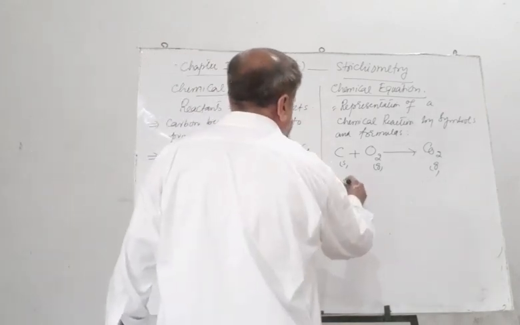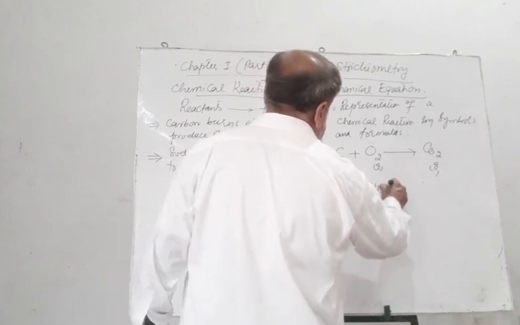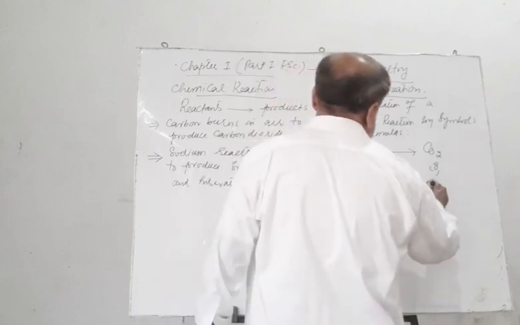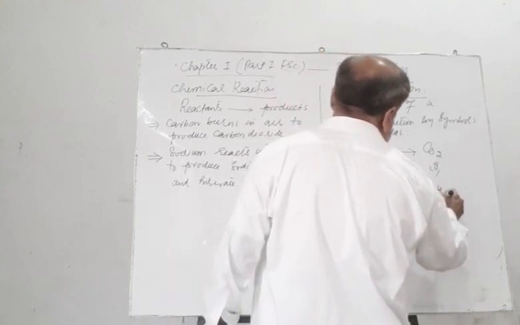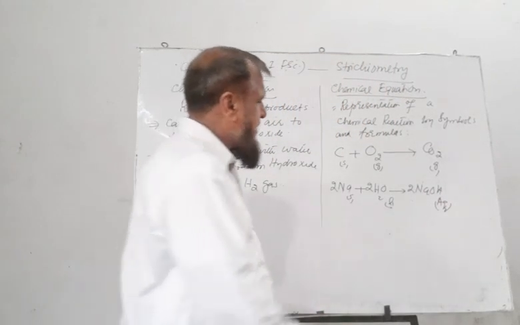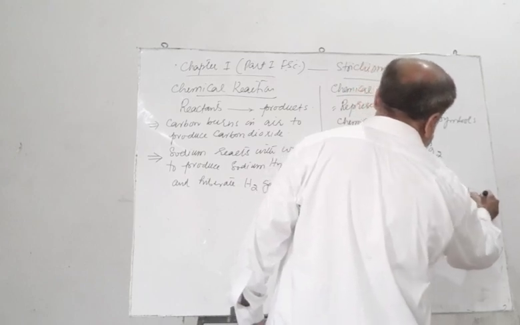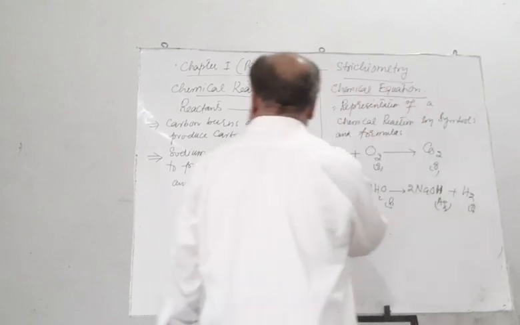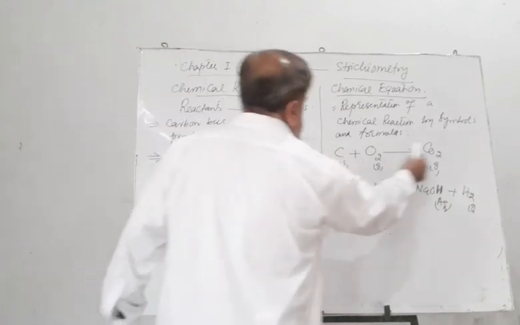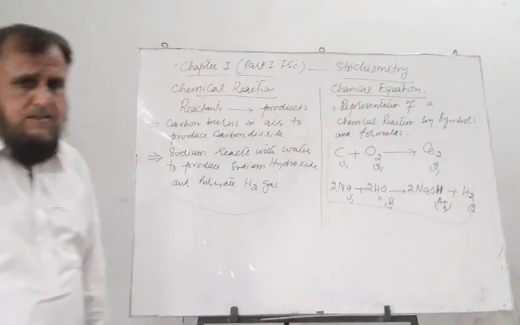Similarly, solid sodium, 2Na, reacts with water, 2H2O, which is in liquid state, to produce 2NaOH, sodium hydroxide solution, where aq means aqueous solution, plus hydrogen gas liberated. Now these are the chemical reactions and these are the corresponding chemical equations.